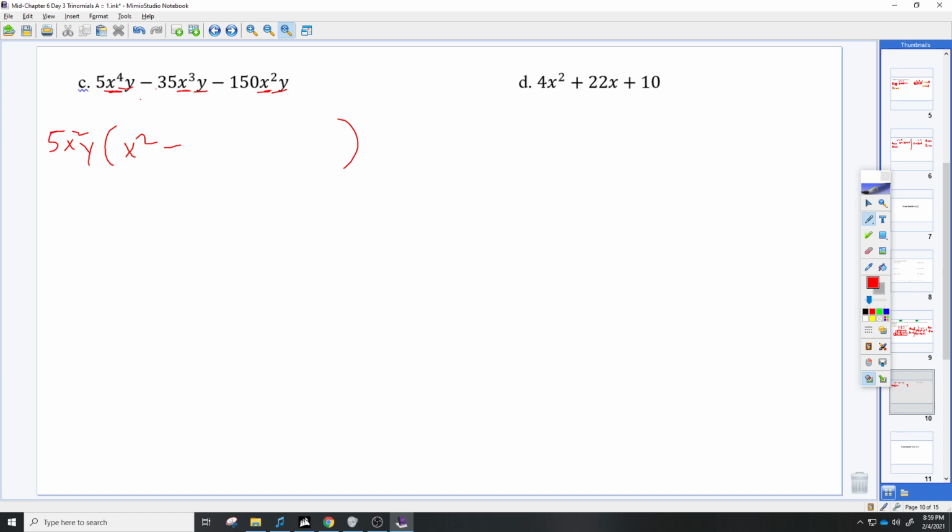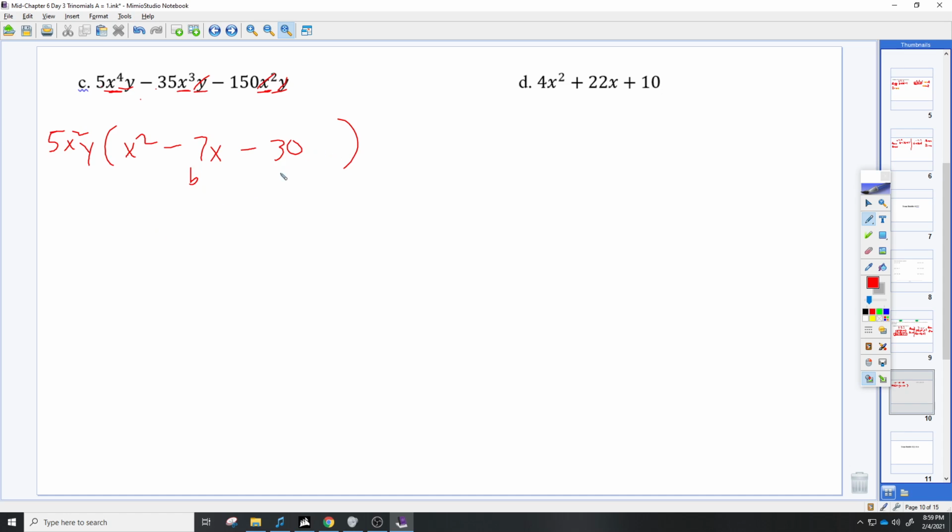See what you get. It would be 7x. Took 2 out, so there's 1 left. All these y's are going to go away. And then divide that one, 150, by 5. That would be 30. X squared goes away, and so does y, so nothing left.